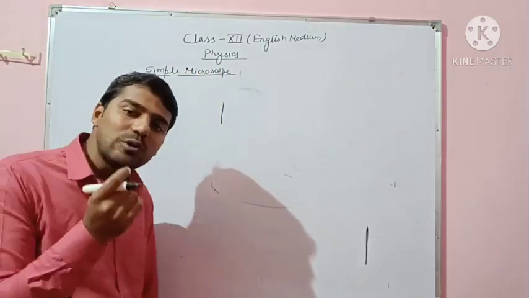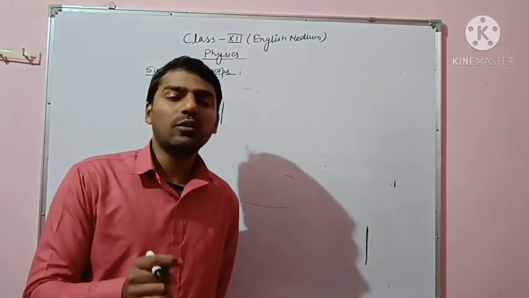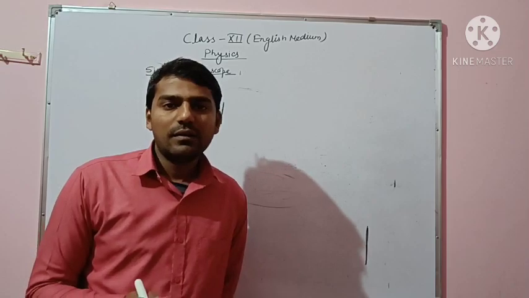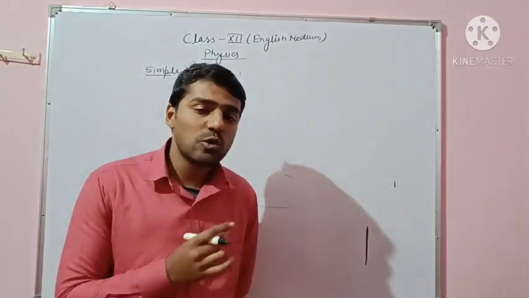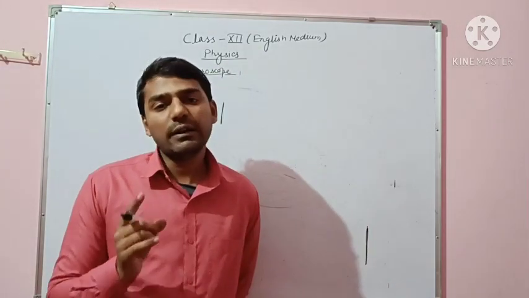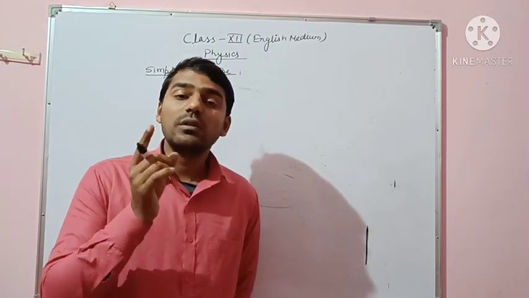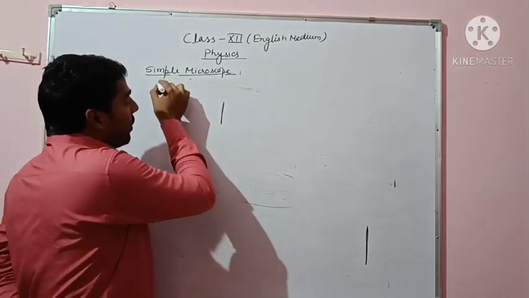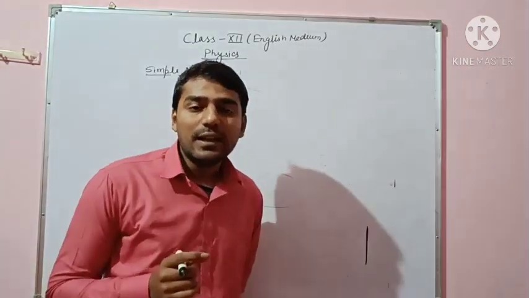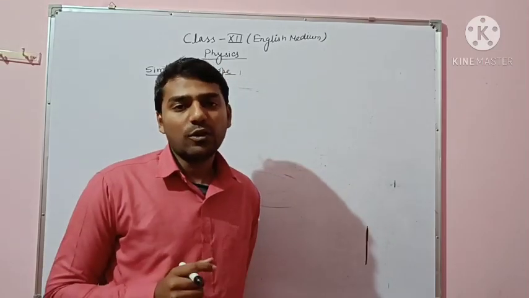A simple microscope has only one convex lens, and if a microscope has more than one convex lens, then it is called a compound microscope. If a microscope has only one convex lens, then it is called a simple microscope.